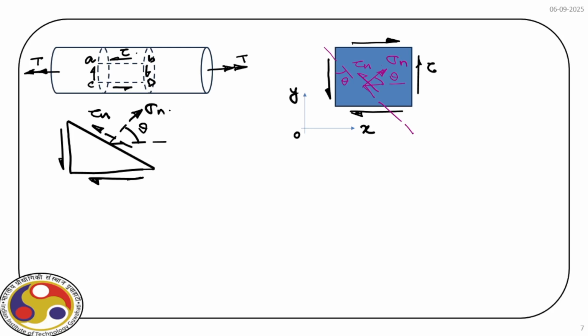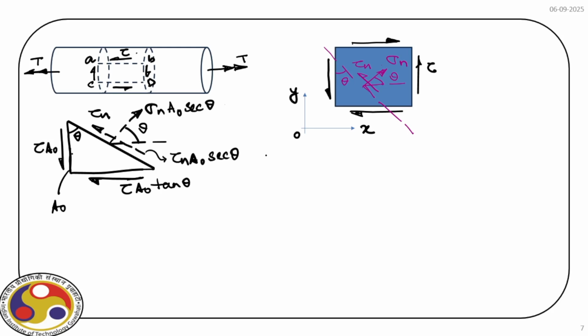So if we write down the forces, recall this angle is theta and this area is A naught, right? Then the force here is tau times A naught, and here it is tau times A naught tan theta. This force is tau n times A naught sec theta, and the normal force is sigma n times A naught sec theta.